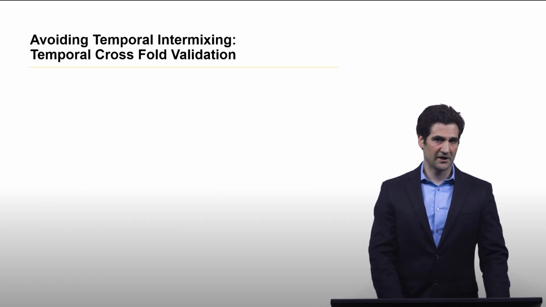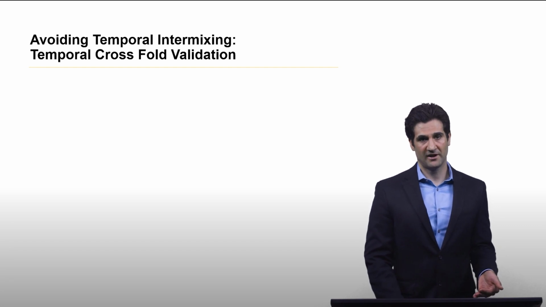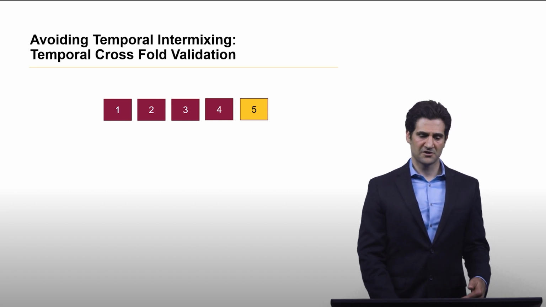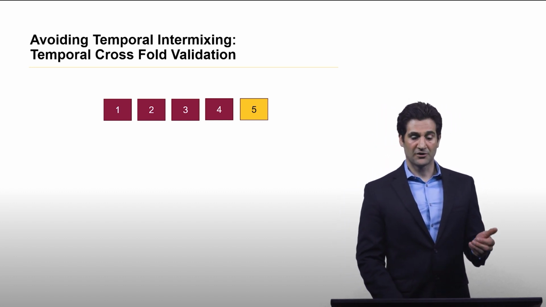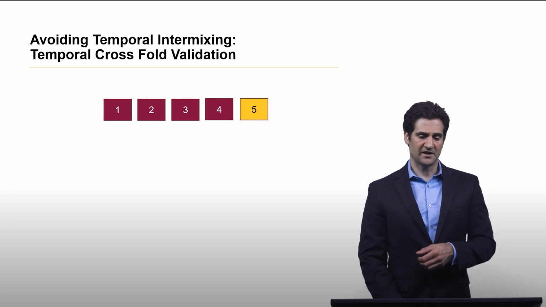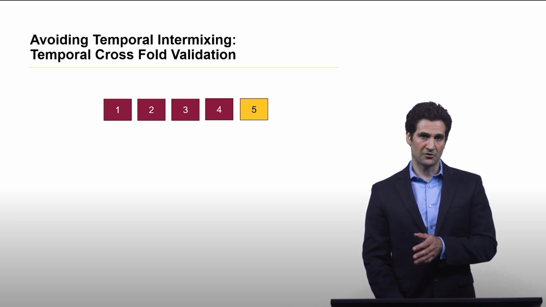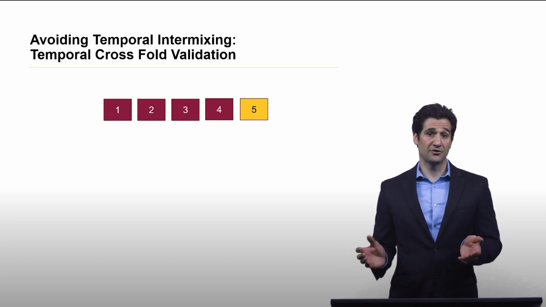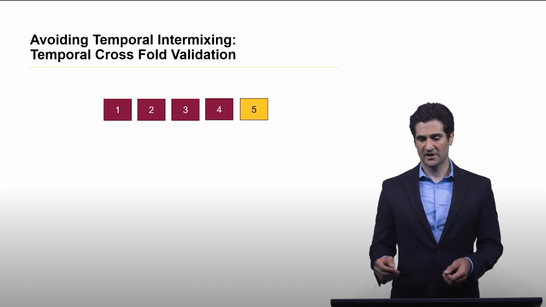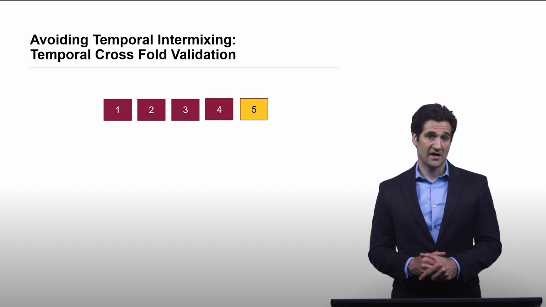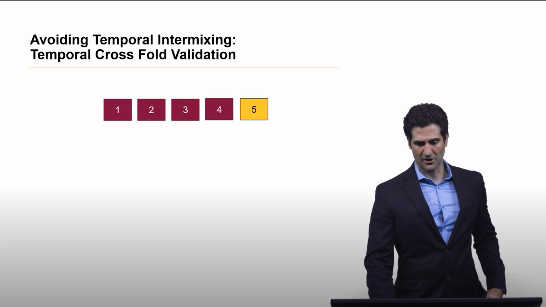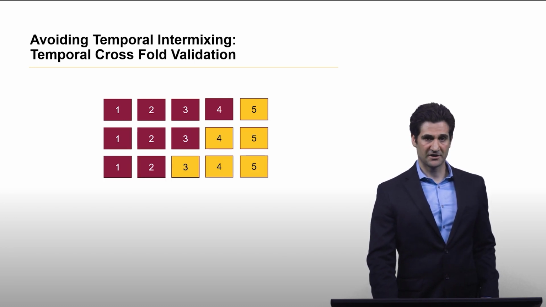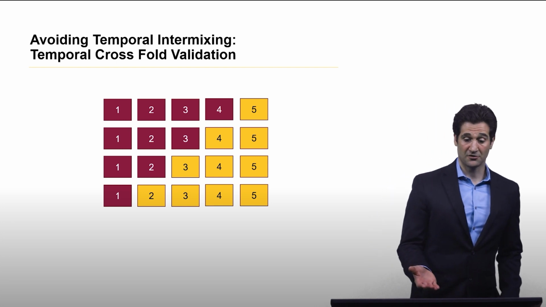So let's look at a couple of ways that we can still use our cross-fold validation technique and avoid temporal intermixing. The first is we can still divide up the data into multiple folds, but we do this based on the temporal sequence of the data. So everything that happened in partition 5 occurred after partitions 1 through 4. And I gradually increase the test set with each of the different folds.